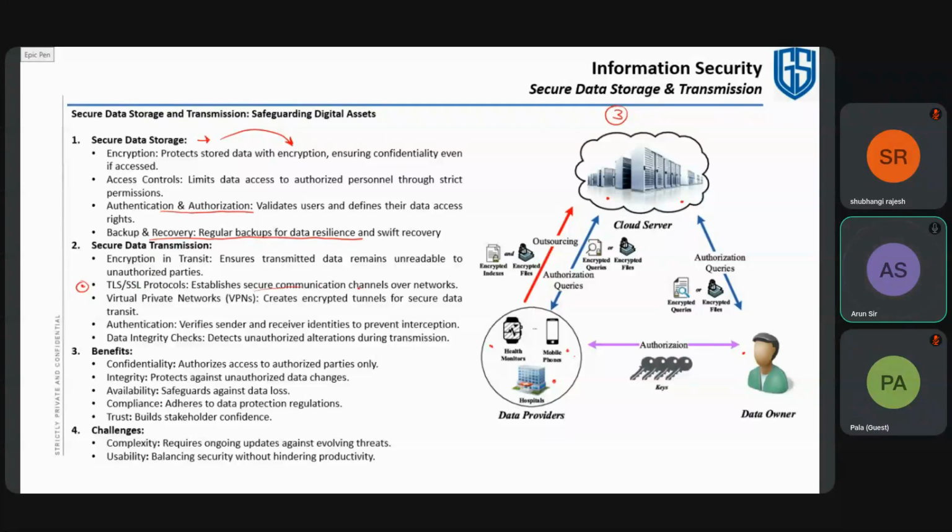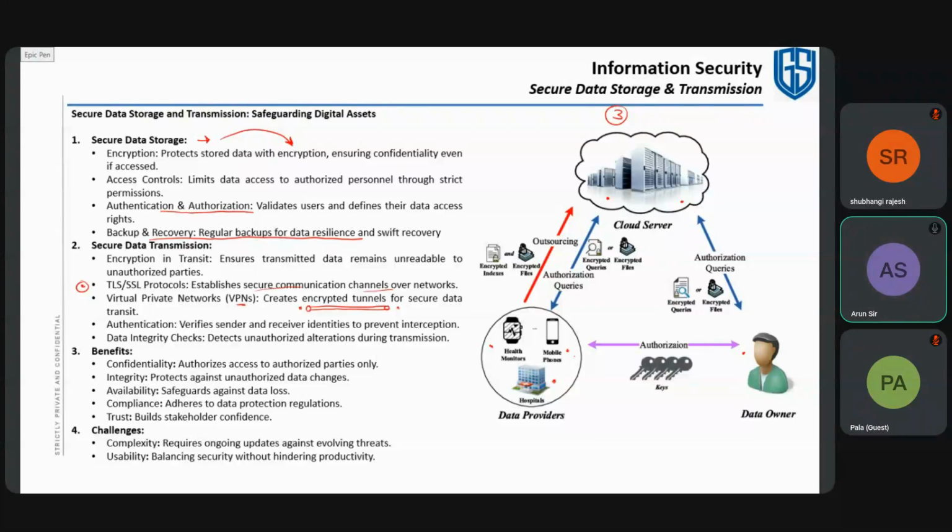If you want to set up a secure communication channel over any network, make sure you are using the TLS or SSL protocol. And the same goes for VPN, that is virtual private networks. You can create an entire end-to-end tunnel in the open internet, and nobody will be able to access it. Only the parties at the ends of this tunnel can access the data in plain text format.